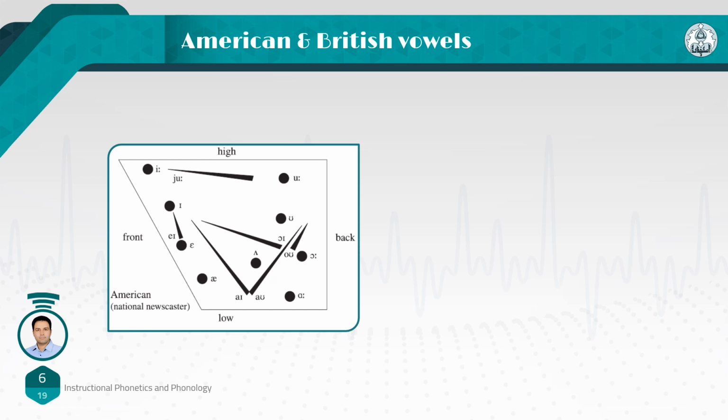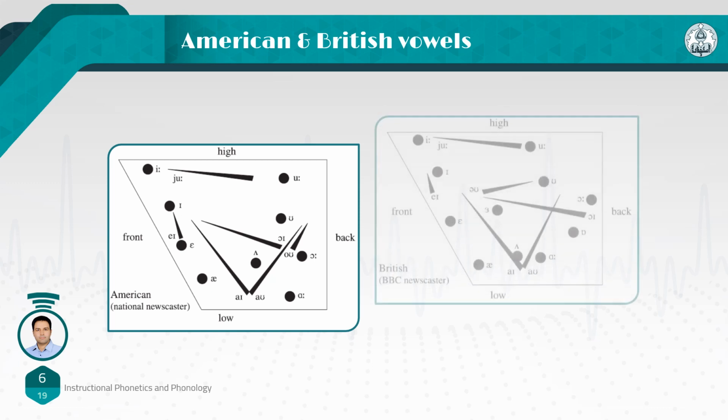A comparable diagram of the vowels of British English as spoken by BBC newscasters is shown in the right side. As you can see in both diagrams, the dots represent the vowels that we are treating as monophthongs, and the lines represent the movements involved in the diphthongs.